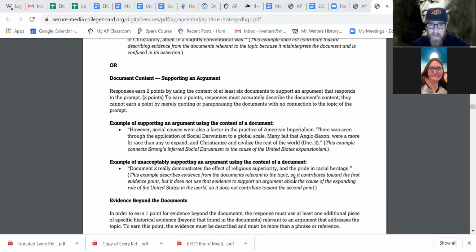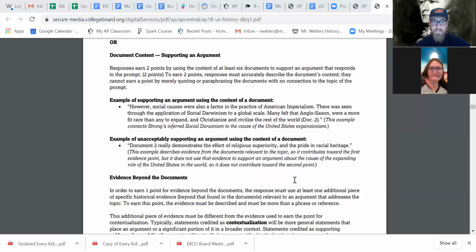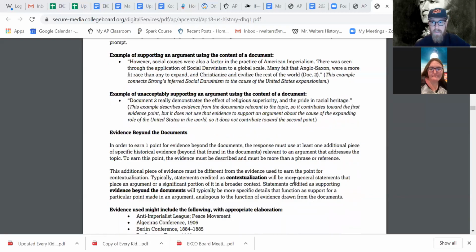This example connects, and this is their explanation, this example connects Strong's inferred social Darwinism to the cause of U.S. expansion. Yeah, I mean, he explained why this made the United States want to expand. That is the prompt. So that would get them that additional point. Not only did they explain it, they also connected it to the prompt itself. Okay, so that's just a good rule of thumb that you always want to use HIP, but then you always want to make sure that you're using that in connection with the prompt itself.